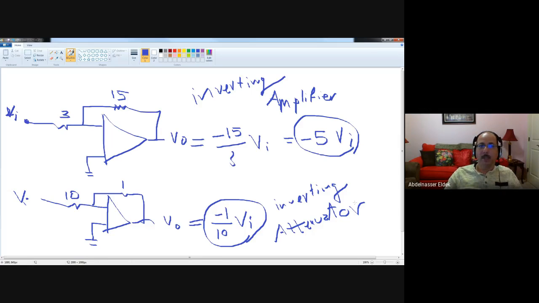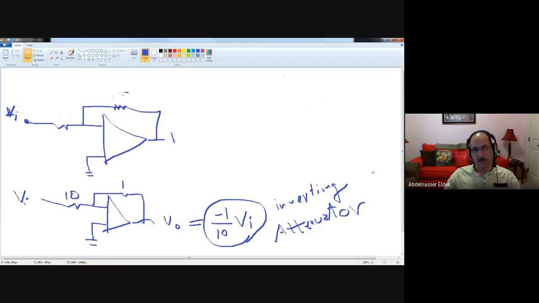Okay. What if you have another circuit, for example, like this one here? Same circuit, there's no difference. This one is, for example, 10 ohm and this one is 10 ohm, or 1 ohm and 1 ohm. What is the output here?